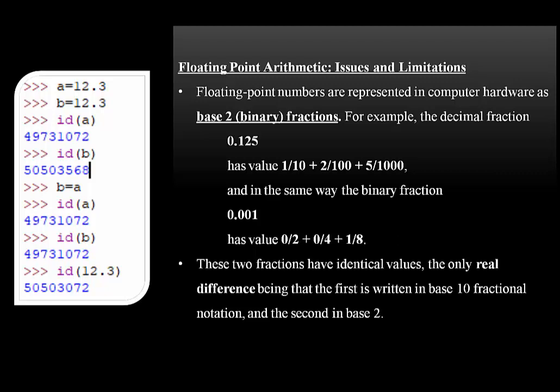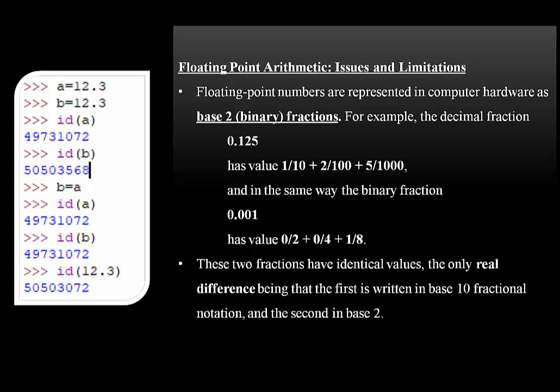We'll discuss the issues and limitations of floating point arithmetic. When I finish discussing this, you will understand why the IDs are different. When you say A is equal to 12.3 and B is equal to 12.3, and you print the ID of A and B, you get to see different locations.